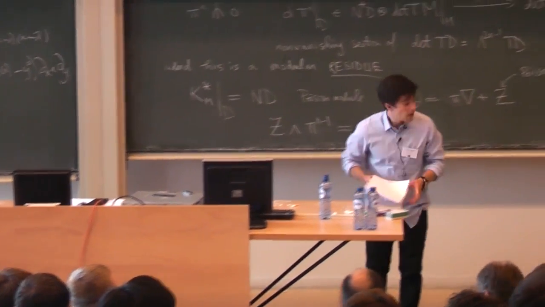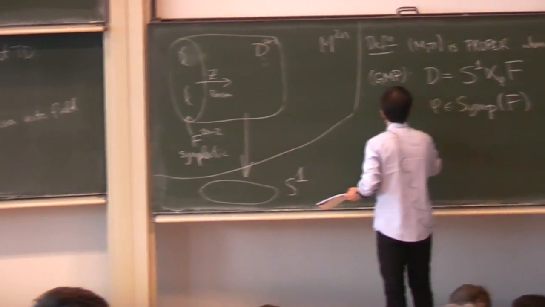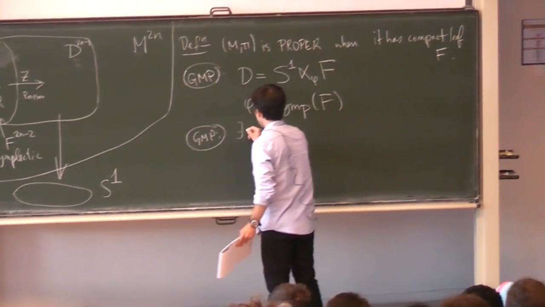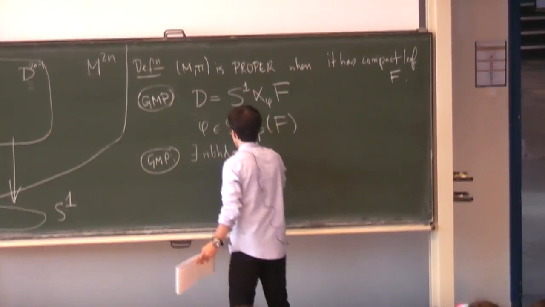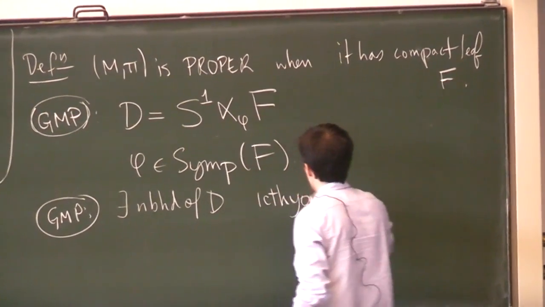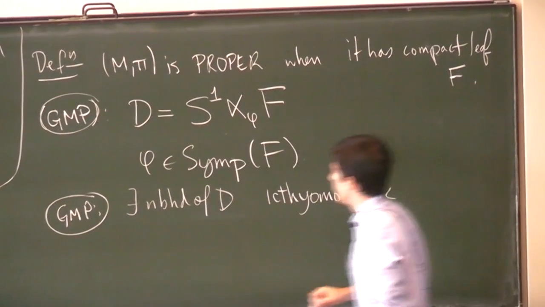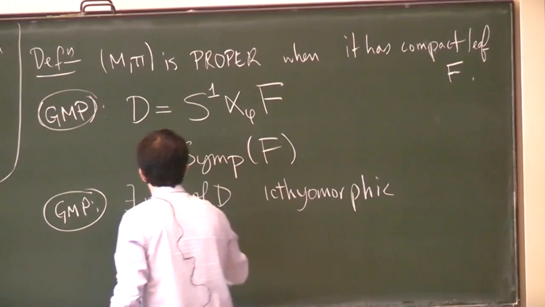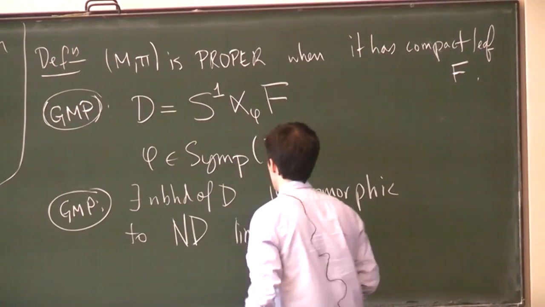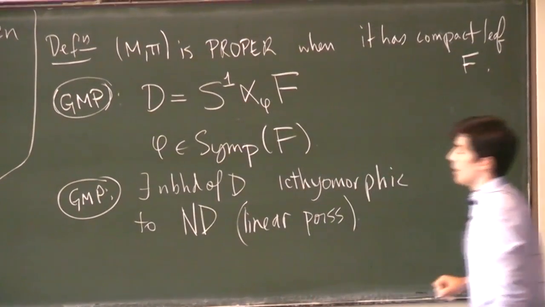Okay, and another thing that they proved is that there exists a neighborhood of D which is isomorphic to the linear Poisson structure on the normal bundle.